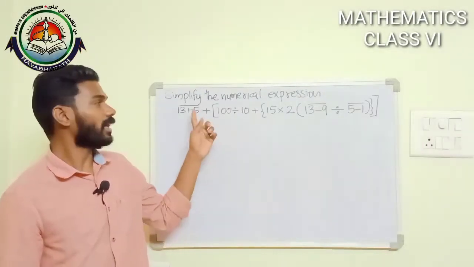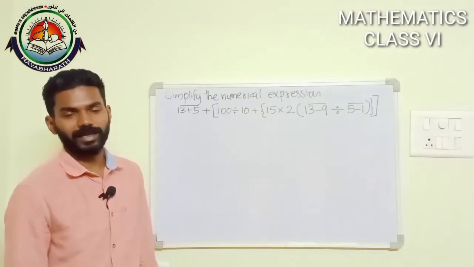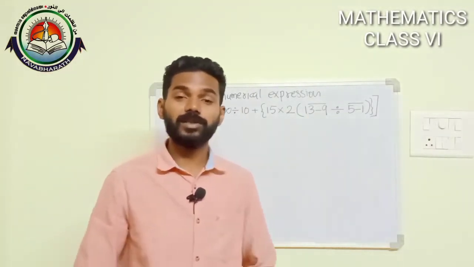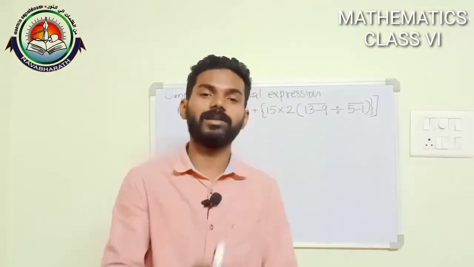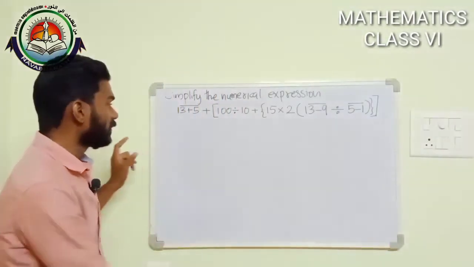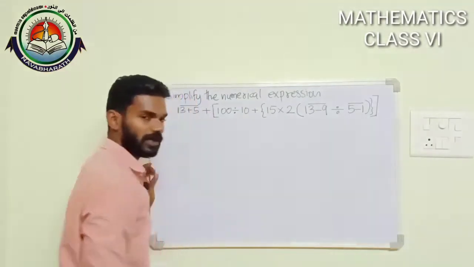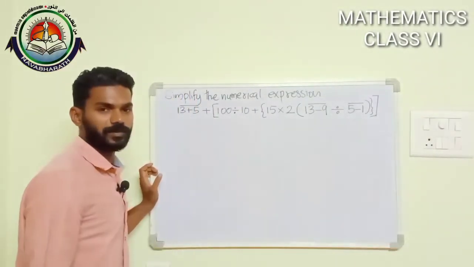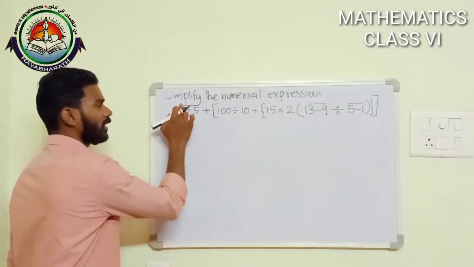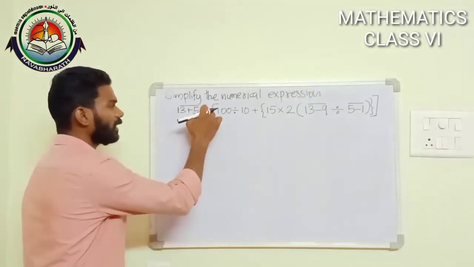Look at here. Here comes another problem. Simplify the numerical expression. Here is a numerical expression given for you and you need to simplify it to a single number. That is the question. Now just look here. Analyze this expression first and understand it. You can see that here is a bar, 13 plus 5 all bar. It is a group. Then there is a plus sign.